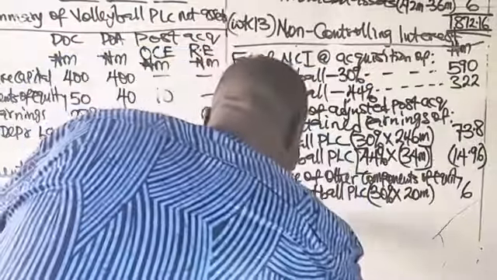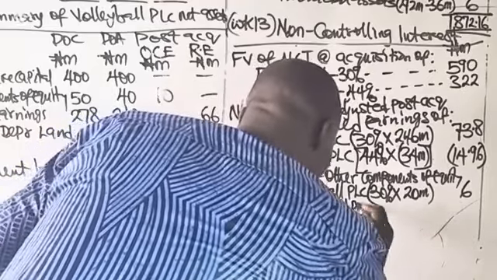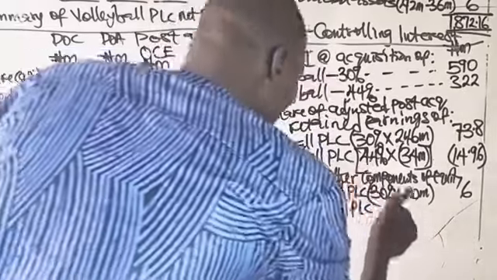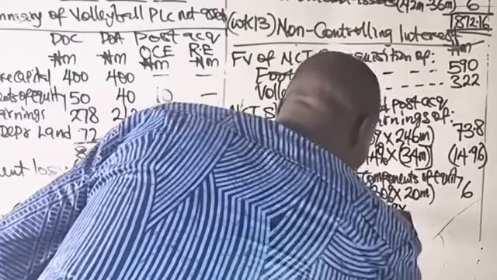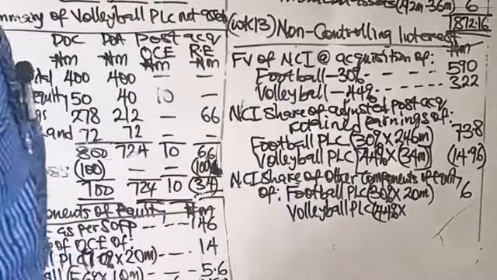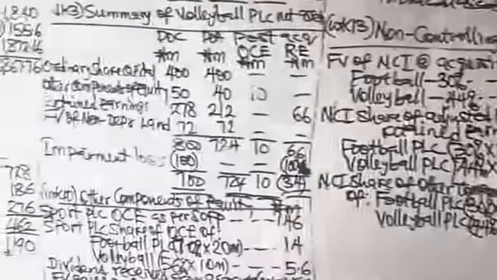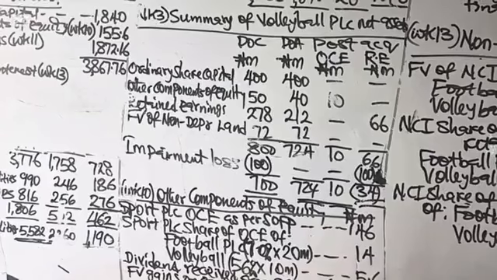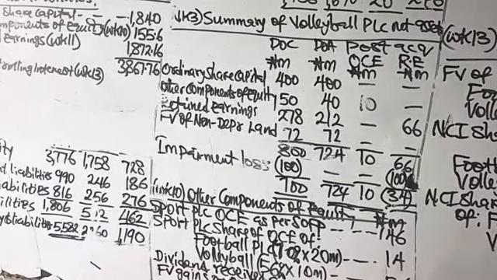Then that of volleyball PLC. Percentage attributable to NCI is 44%. How much is the other components of equity of volleyball PLC? Now let's go through the summary of volleyball PLC net assets.